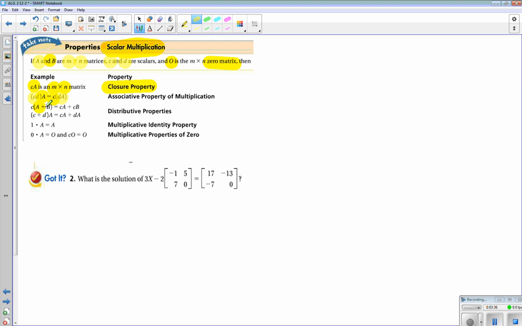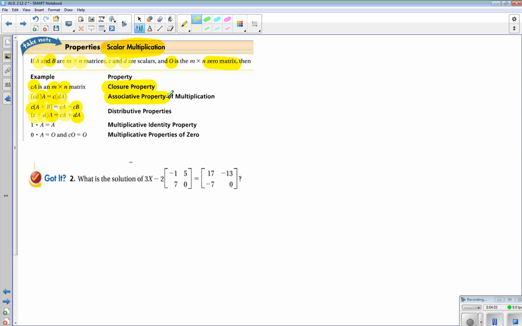When you have two matrices added together and you're multiplying both by the scalar, it's the same as the first multiplied by the scalar plus the second multiplied by the scalar. If you have two scalars adding together and they're both being multiplied by the matrix, it's the same as each individual one multiplied by its scalar and then added together.